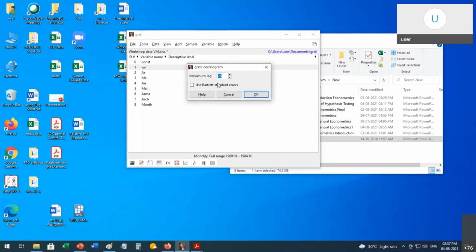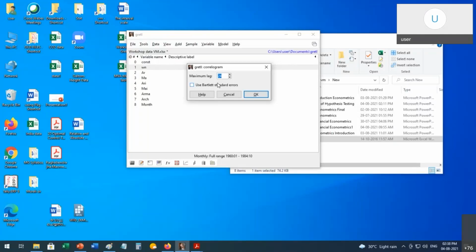Sir, what is that extra option, use Bartlett standard error? Yeah, we have a test by Bartlett, and usually that is the standard error that we use. That is the case where we have a constant variance or not. That is the homoscedasticity assumption.